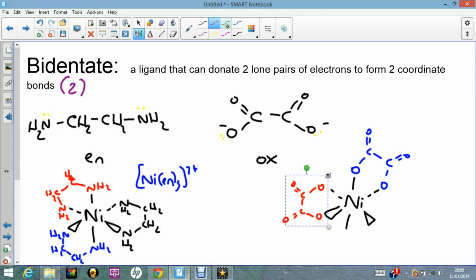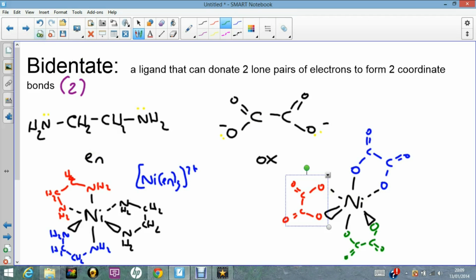That's 2. And that's 3. So again, a bidentate ligand has got 2 lone pairs, so it can form 2 coordinate bonds. Both of these ligands have the correct geometry, that means that they can fit onto the octahedral bonds around a nickel or other central metal ion.